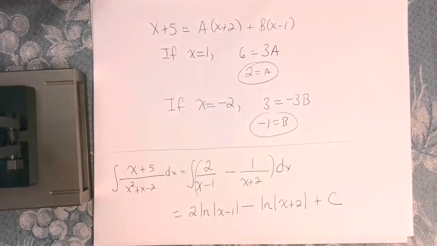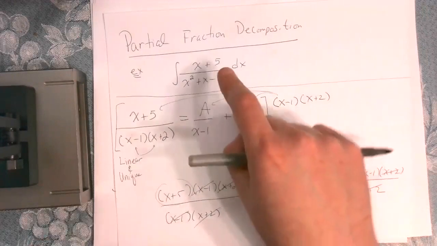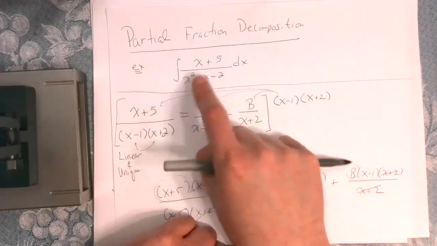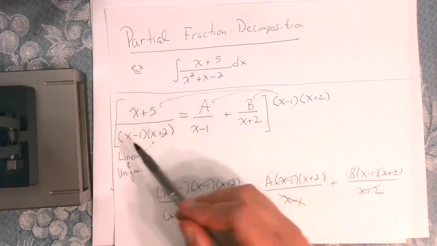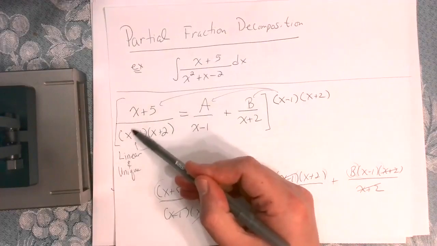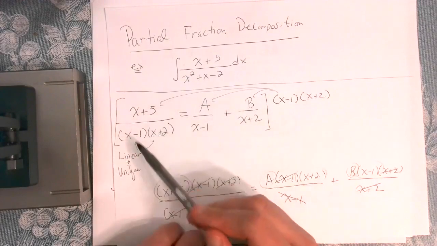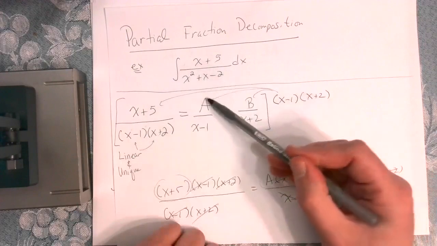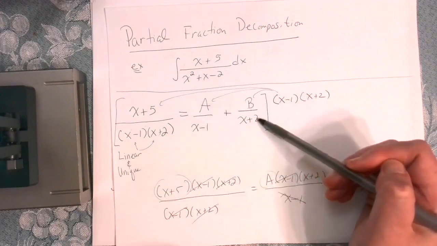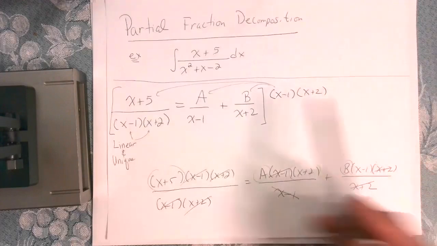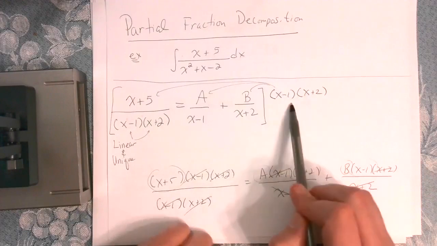Okay, so just a short recap. Just for a moment, forget about the calculus, forget about the integral. Take this expression and factor the denominator, and then classify. This is linear, unique. This is linear, unique. And the way we decompose linear, unique factors is a constant over the first factor plus a constant over the second. We didn't want the fractions, so to get rid of the fractions, we multiplied by this.